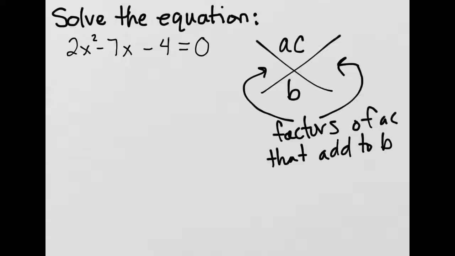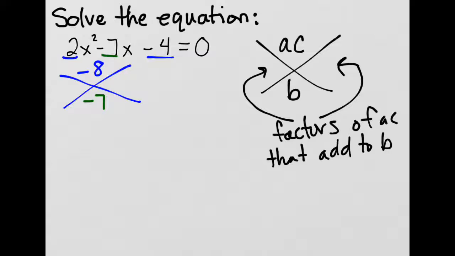So here we go for our problem over here. We draw our large X, and A is 2, C is -4, so 2 times -4 is -8. Then we put B, -7, on the bottom of that X. Now, 2 numbers that will multiply to -8 and add to -7, let's try to think of those.